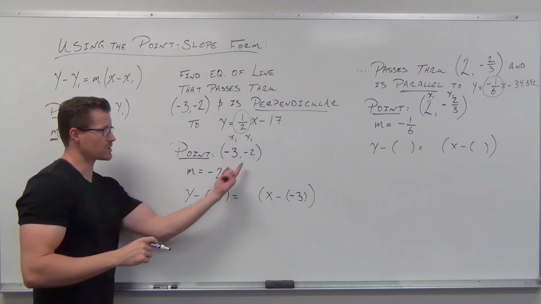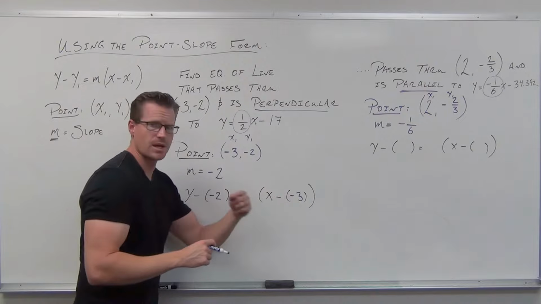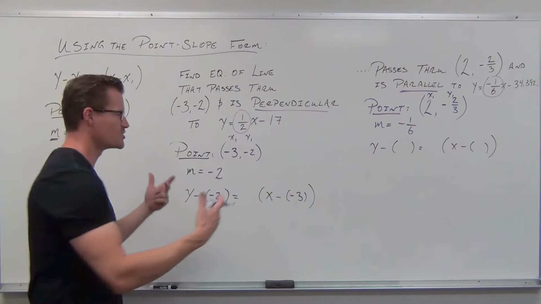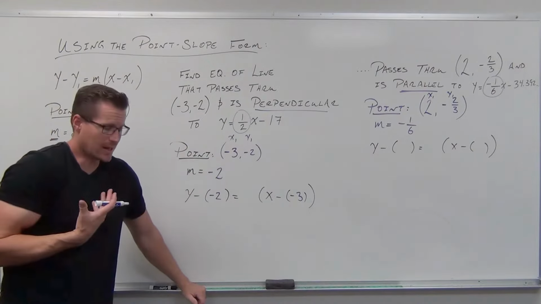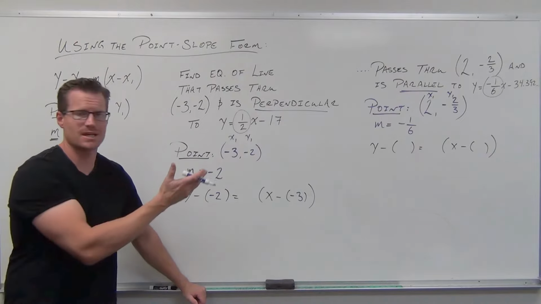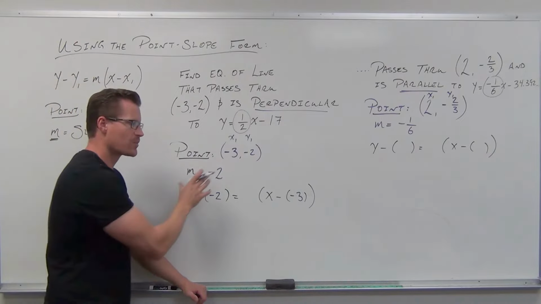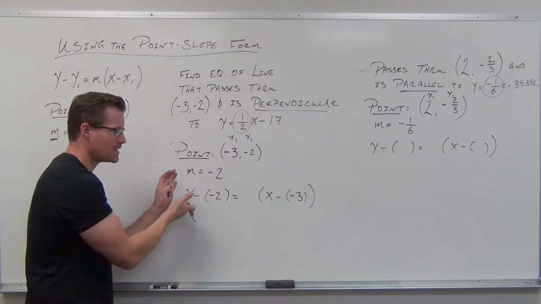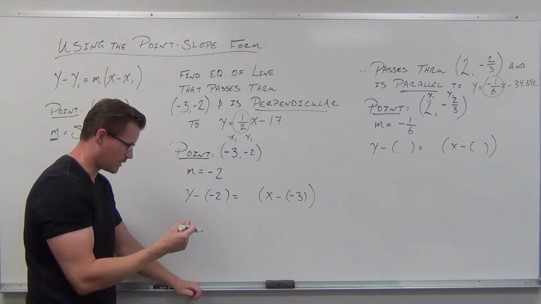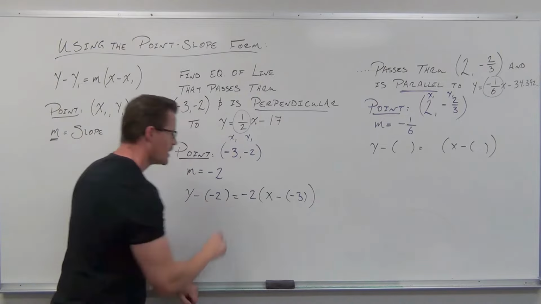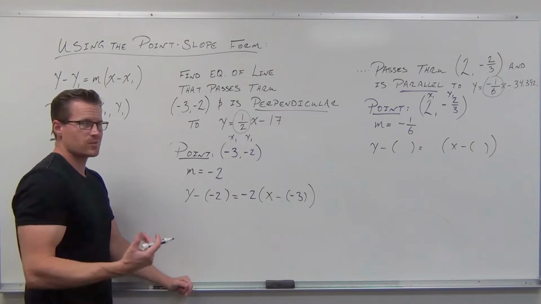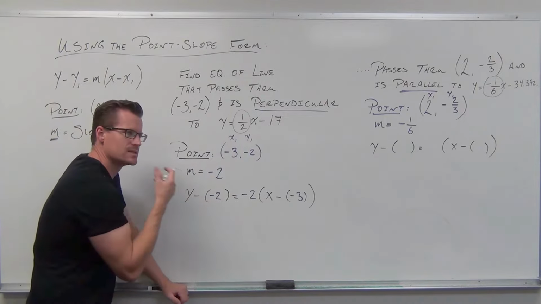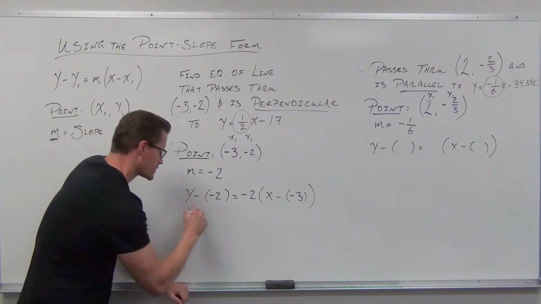I'm checking my signs all the time. -2, -2, -3, -3. I'm not doing math in my head. There's no way I'm putting a plus here. I know myself. It's too easy for me to make mistakes like that. So I'm showing all my parentheses. It houses the negativity. It maintains the order of operations. I put my slope right in front and we go through it. Y minus -2. Oh, that's y plus 2.